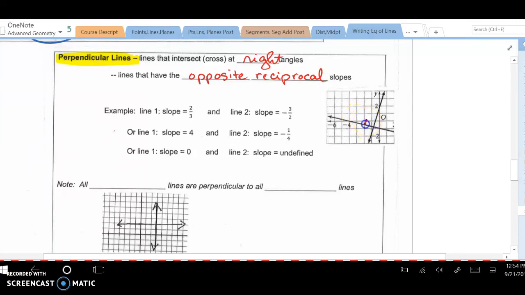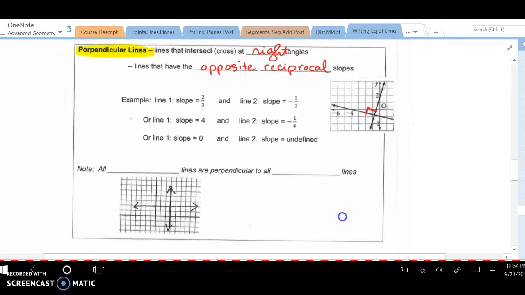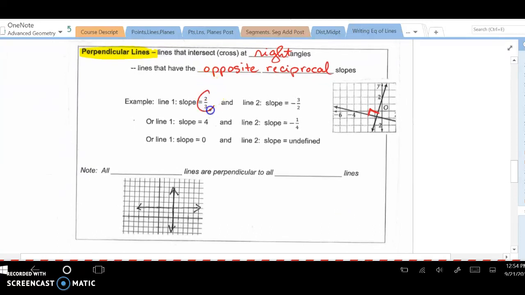Okay, so there's a 90-degree angle, or right angle, right there, and these have opposite reciprocal slopes. So for example, 2/3. Reciprocal means flip. Opposite means the sign is opposite. Instead of positive, it's negative. So over here, we would expect to see 3 over 2 instead of 2 over 3, and this one's positive, so that one's negative. They're opposite reciprocals.